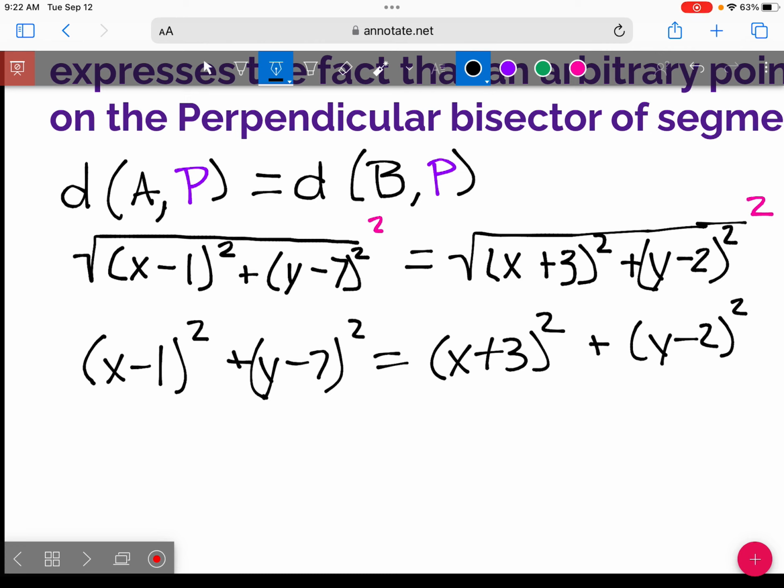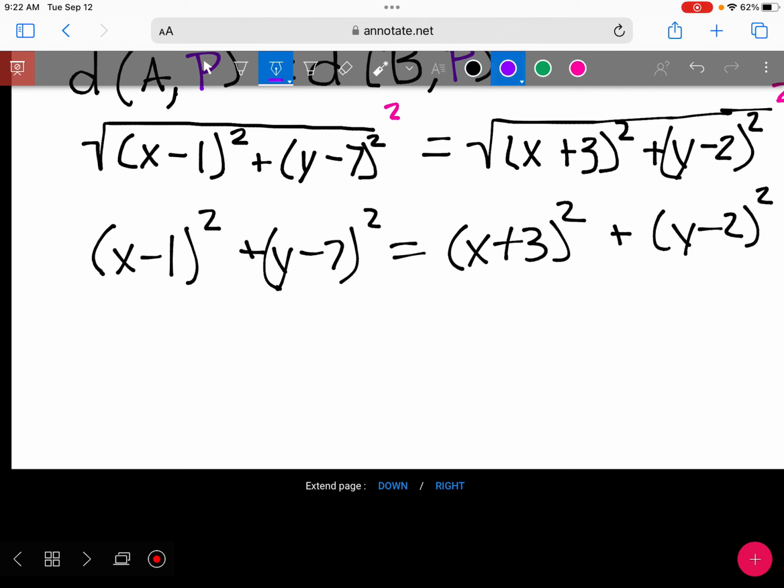What can I do next to simplify this dang thing? Square everybody. Everybody. X minus 1 squared is going to give us x.